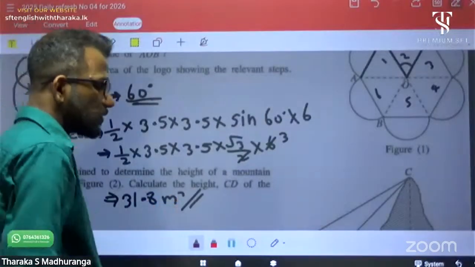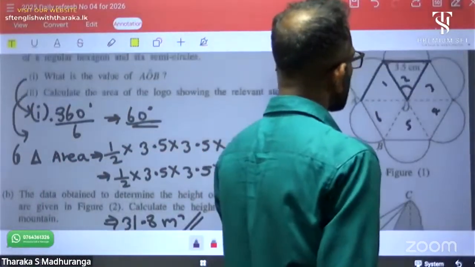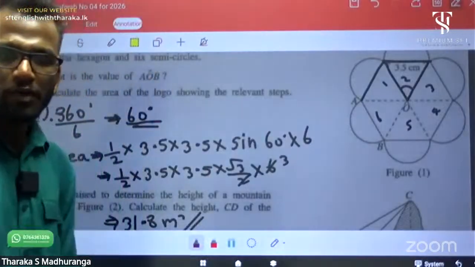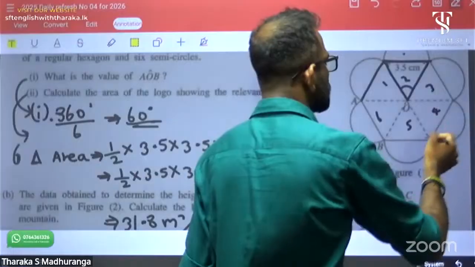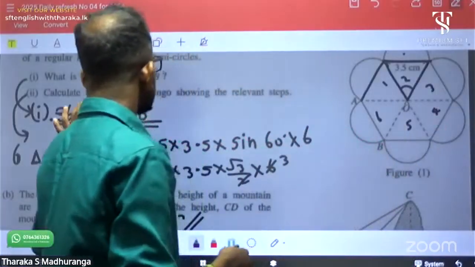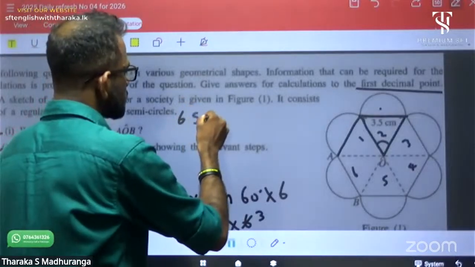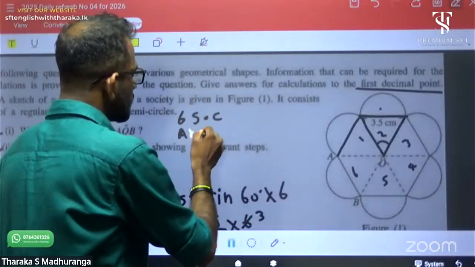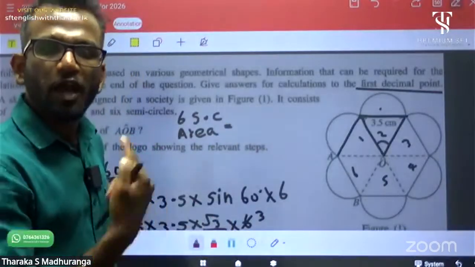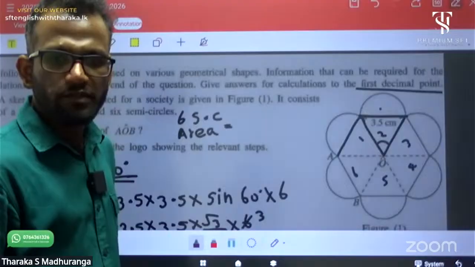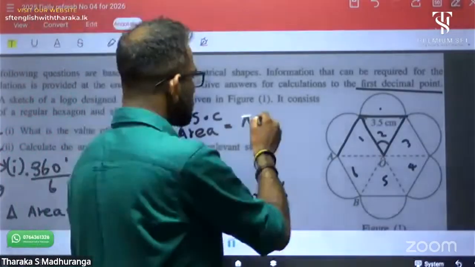That is the hexagon area. After that, you can calculate the 6 semicircle areas. 6 semicircles mean 3 full circles, so pi r squared multiplied by 3.